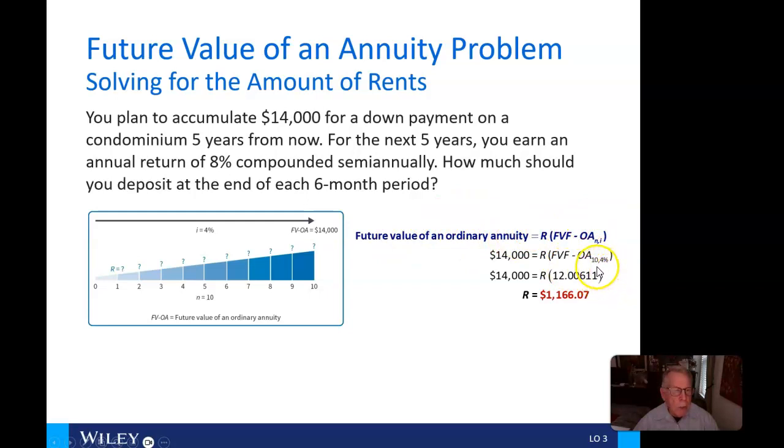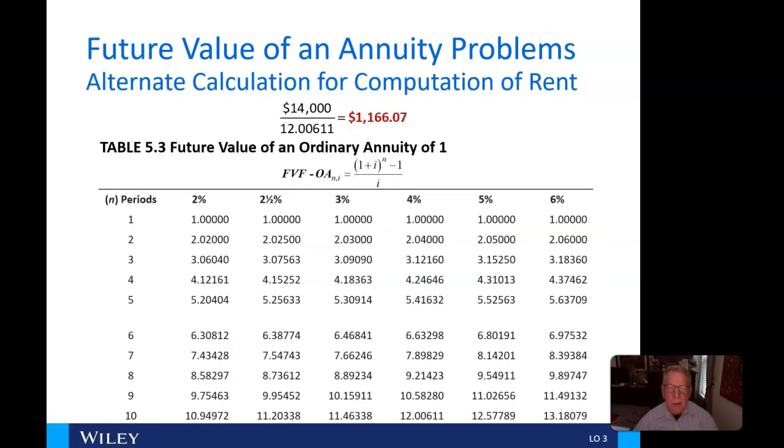So I'm going to go look up the 10 period at 4%. That gives me 12.00611. We divide that through. We get $1,166.07.